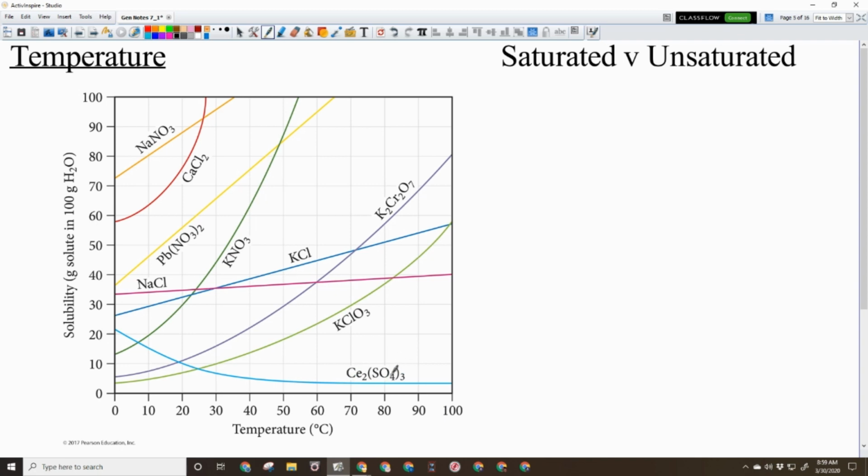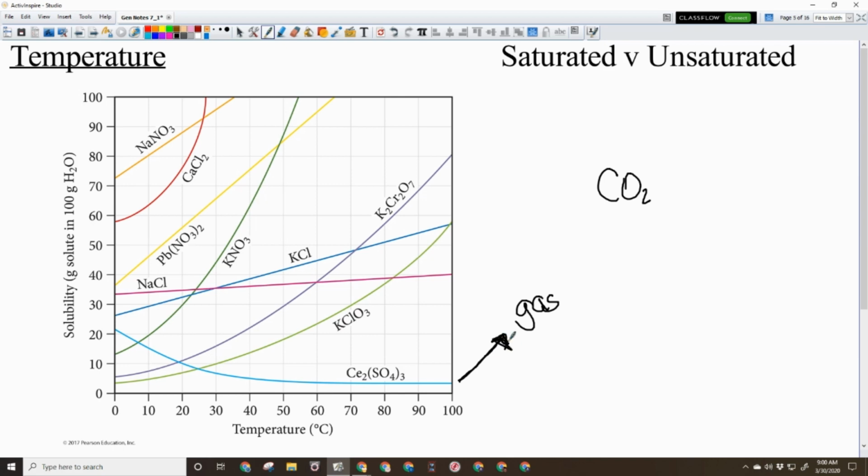And that's the case here for cesium sulfate, so that's why this is a negative slope. Now, that's also true for gases like carbon dioxide. The higher the temperature, the less gases can dissolve.